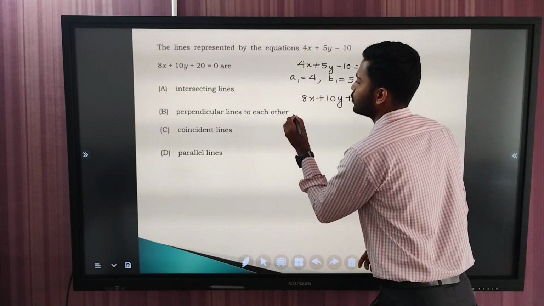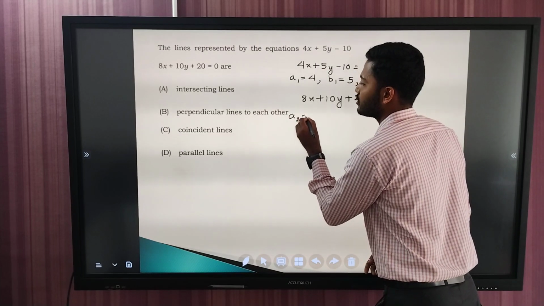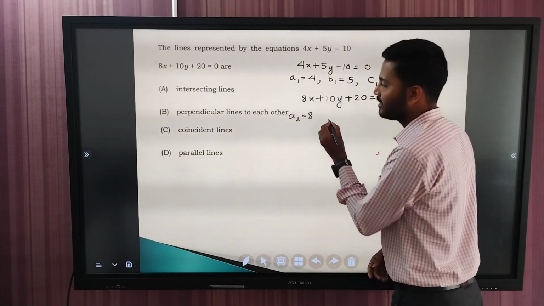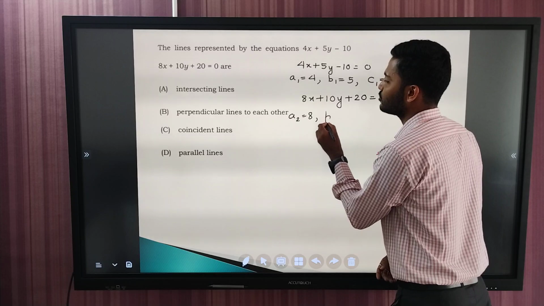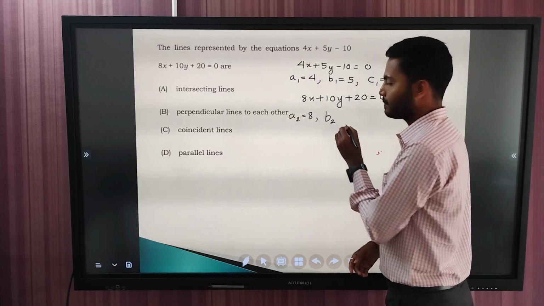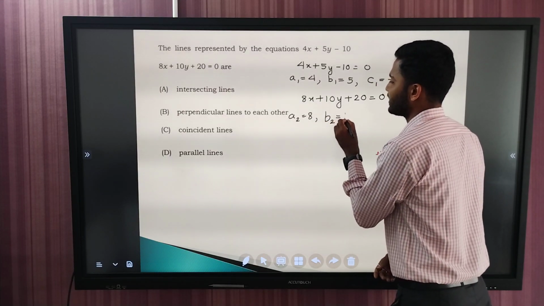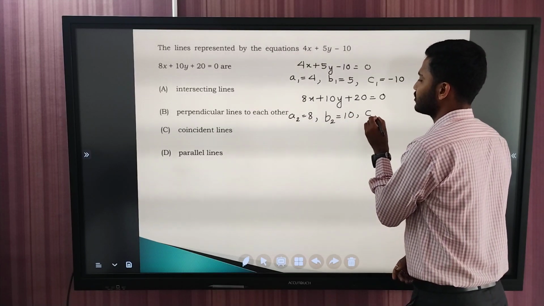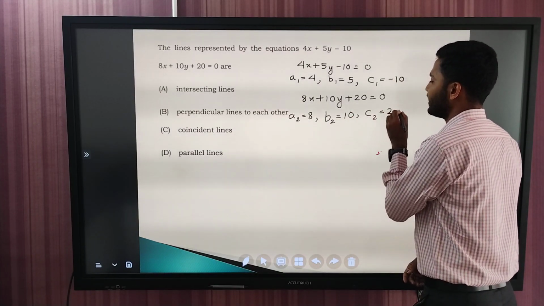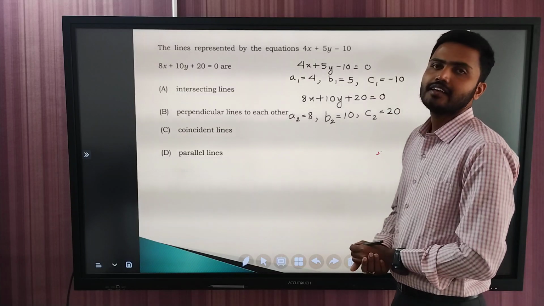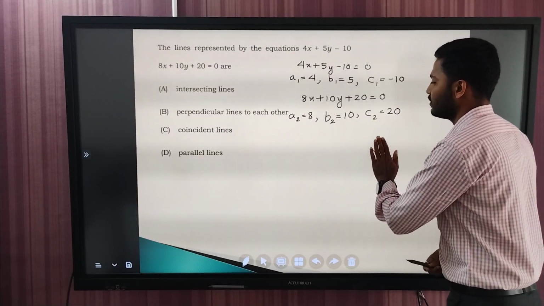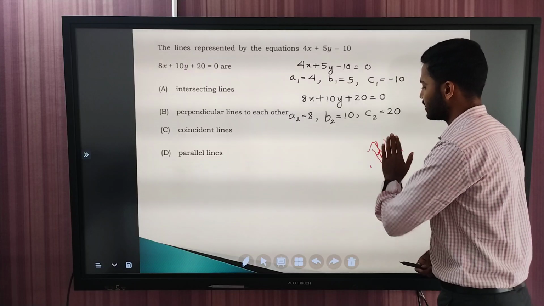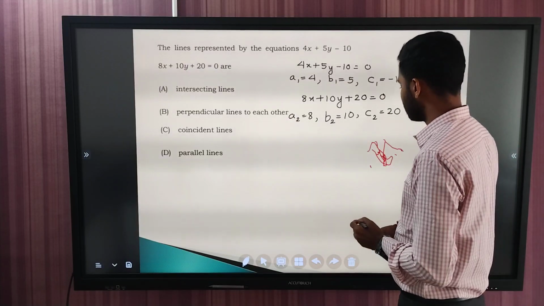Okay, so a2 is going to be equal to 8, right? Then what about b2, my dear students? What is the value of b2? Yes, it is going to be 10. And what is the value of c2? So c2 value is going to be equal to 20. Correct? So now we have got the values of a1, b1, c1, a2, b2 and c2.